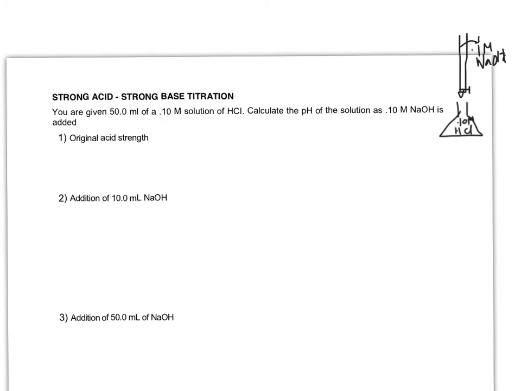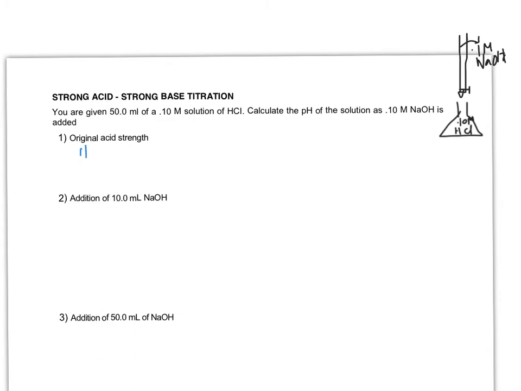The first calculation I'm asked to do, I want to know what the pH is at each of these. And so the first one is for just the original acid. So if I were to stick my pH meter or pH probe into this flask before any NaOH has been added, how would I find the pH? Well, in here I only have some HCl right now, and HCl is a strong acid.